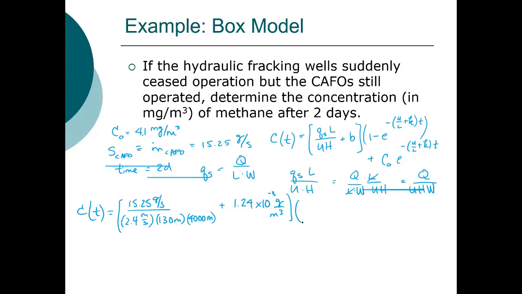We'll multiply that by 1 minus e to the minus 2.4 meters per second over the length. So we have units of inverse time plus, and the question is, why did I use a plus?